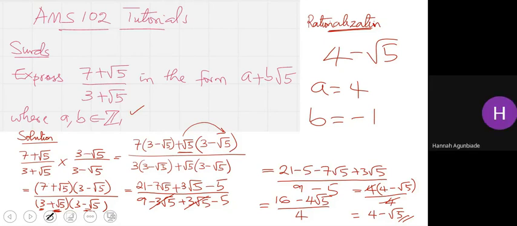It's on quadratic inequalities. After getting the answer, I'm having issues with combining the final inequalities. All right, let me hear the question.